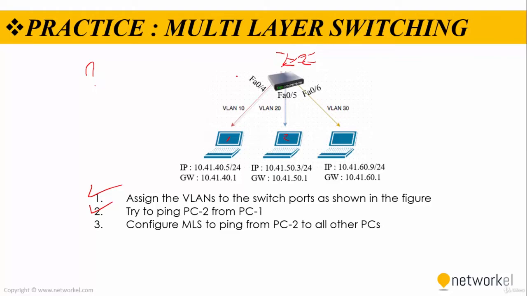So what I'm gonna do is configure the multi-layer switching capabilities on that switch, and then retry to ping from PC2 to the other PCs and see what's going on. On the multi-layer switch, the first thing I should do is enable routing.